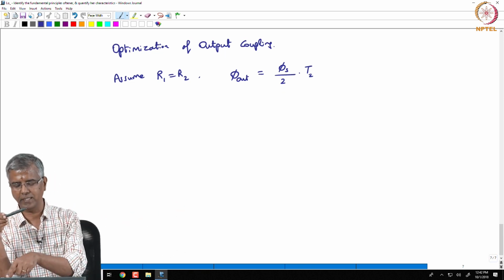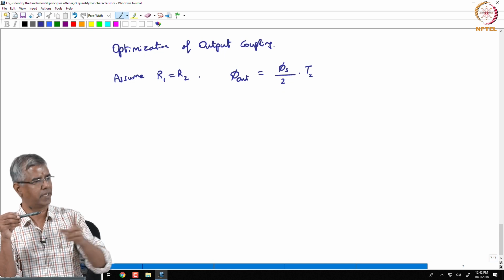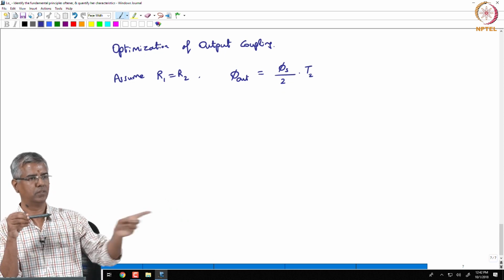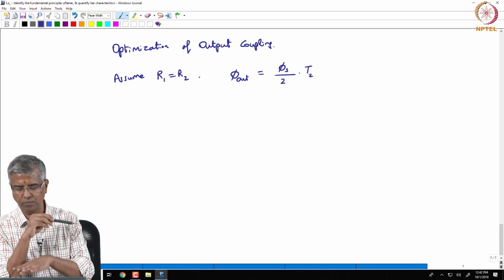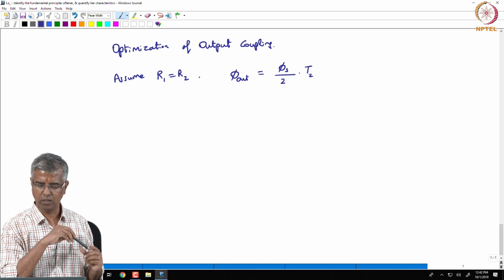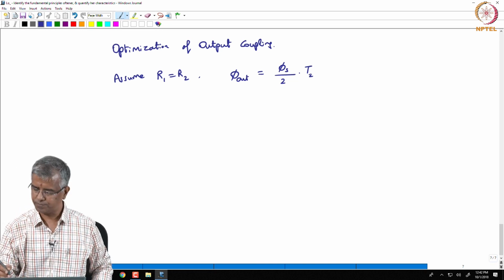And if you have that condition, that factor of 2 will go away, because you are extracting everything out of one end. You understand that? I am just being consistent with what is given in Saleh and Teich, the textbook.